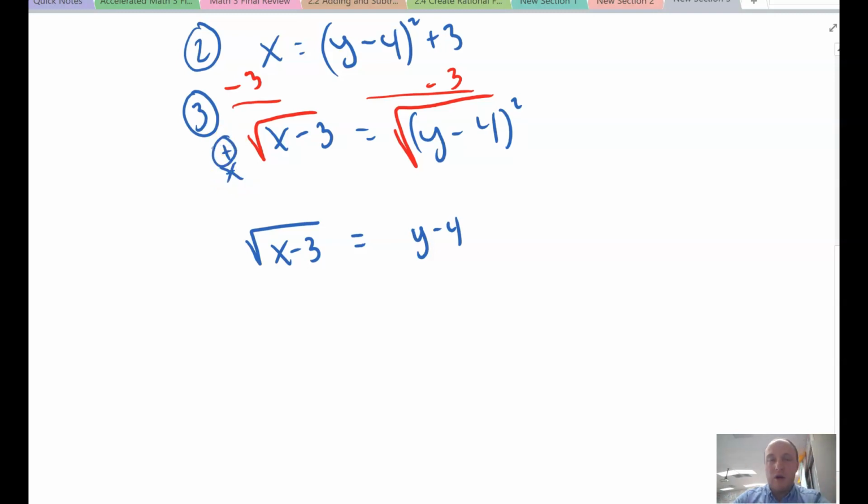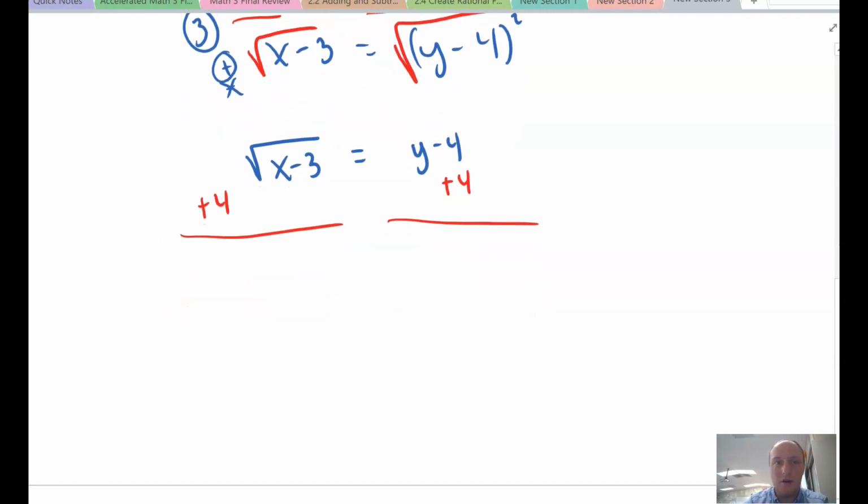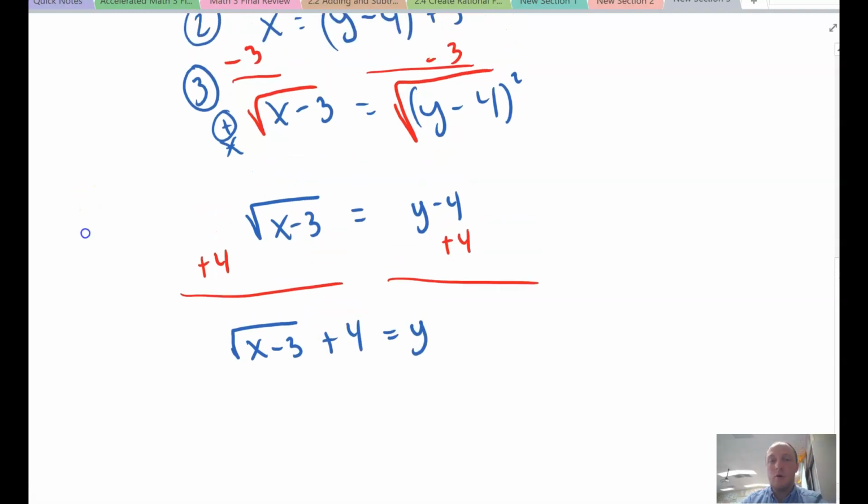So square root of x minus 3, and now to isolate y, we will add 4. Does the 4 get to go inside the square root? No, it stays on the outside. I'm not taking the square root of that 4, I'm adding 4 after the fact. So do not merge these values. It's the square root of x minus 3 plus 4 on the outside, and this is equal to y.